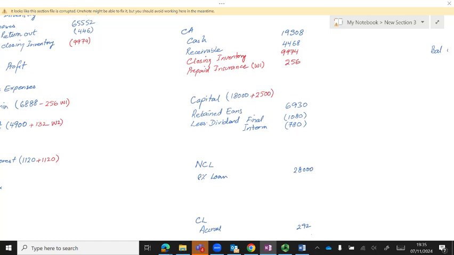This cost is going to come out of my retained earnings. So you can see capital is increasing, whereas retained earnings is decreasing by 2.5 million.